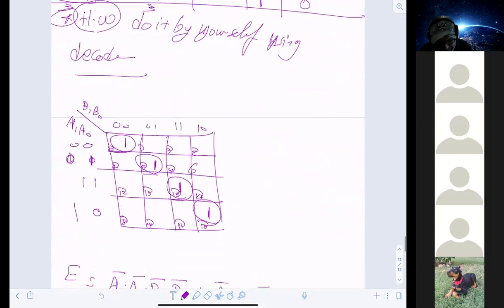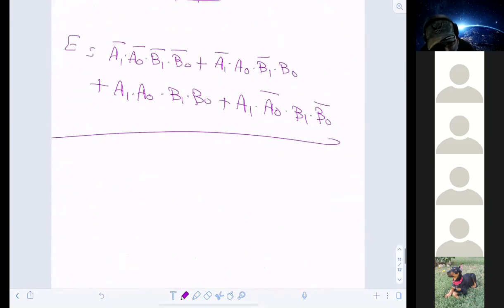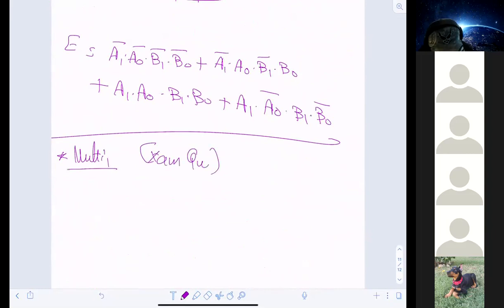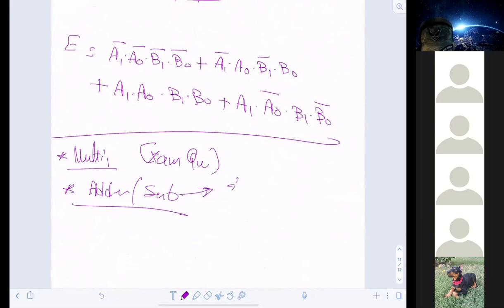Okay, so we can summarize what we learned today. We talked about the multiplier as an exam question, and we found it's easy peasy lemon squeezy. Then we talked about adders and subtractors, and we discussed how we can do it using the two's complement.